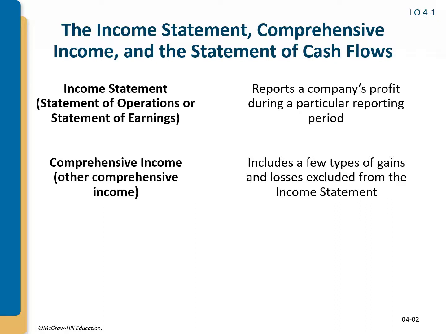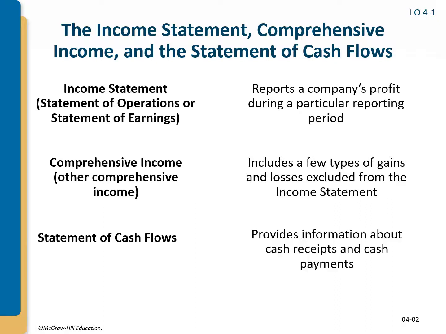These items are included as comprehensive income. And there are other various ones that you will not really see and learn about until Intermediate Accounting 3. And then the statement of cash flow. Remember, this financial statement gives us detailed information about how the cash was spent in the company for the year. And you learn this in Accounting 112.